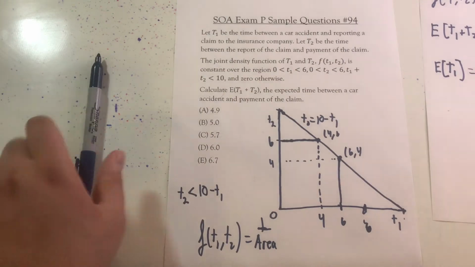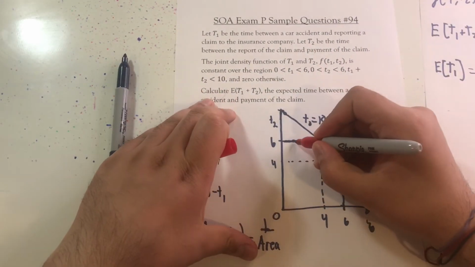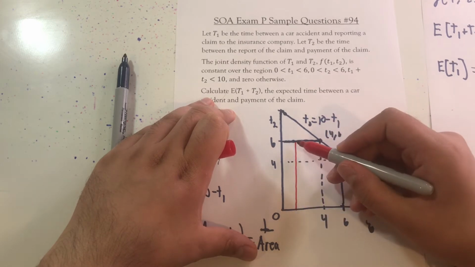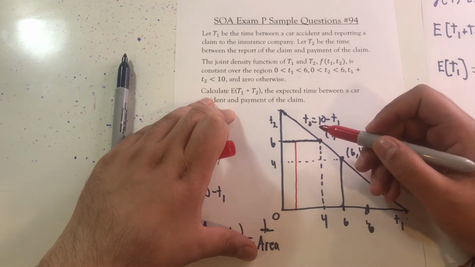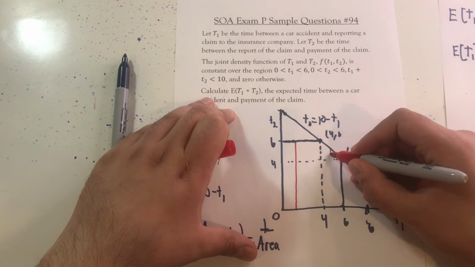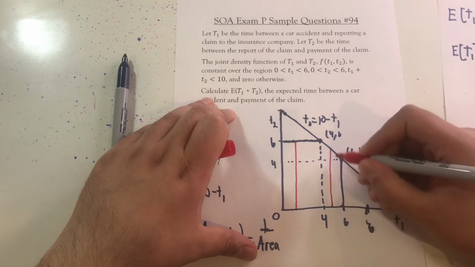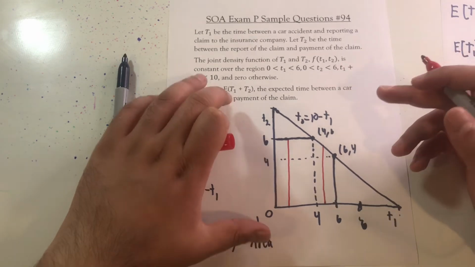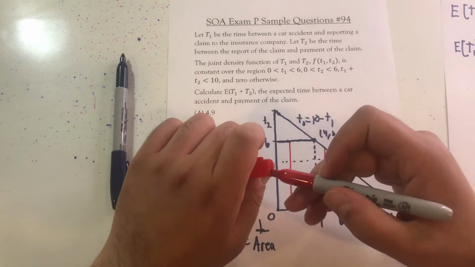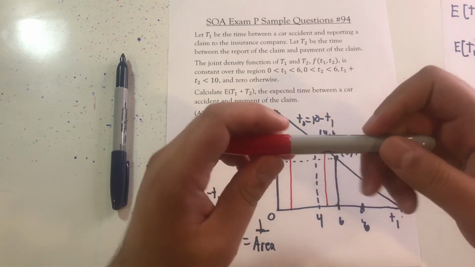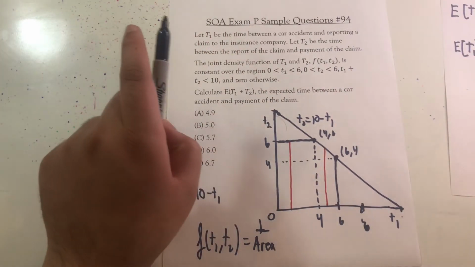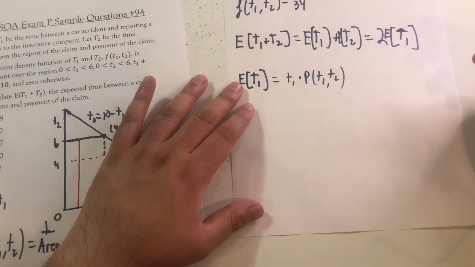From here to here, it goes from 0 to 6. From here to here, it goes from 0 up to this line, 10 minus T1. And because of that line cutting through, we're going to need to take two different integrals and add them together. Well, 4 different integrals. We're going to need to do 2 double integrals, okay?